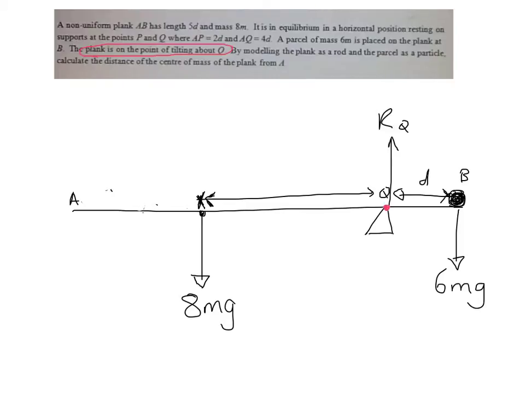A to P is 2D, but that's not relevant anymore because P isn't featuring. So I'll call that x, and then the whole thing is 5D. So from A to Q is 4D, so this bit will be 4D minus x. Oh, that looks much nicer. I like this now. Okay, I'm ready to go with this.